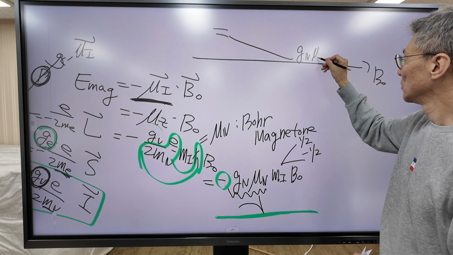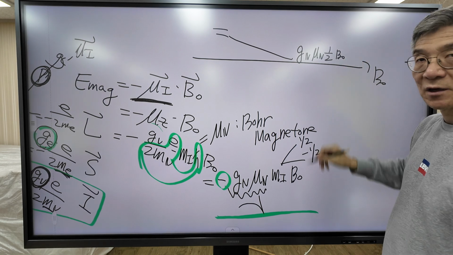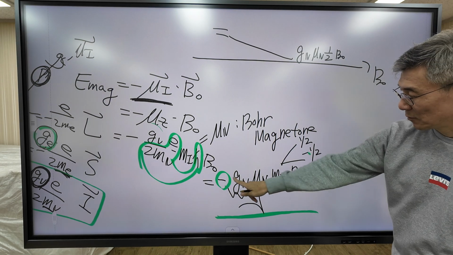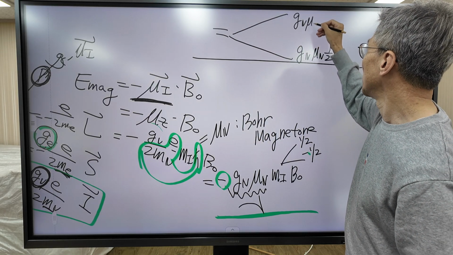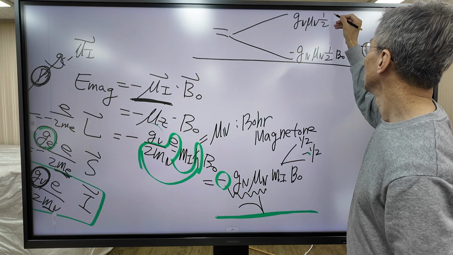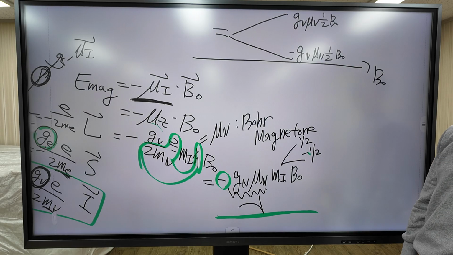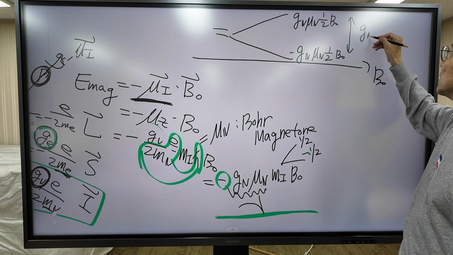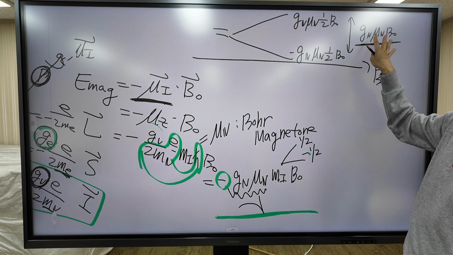Minus gN mu N 1 over 2 B0. Right? For down spin, minus 1 over 2 with the minus sign, so energy increases. The energy is plus gN mu N 1 over 2 B0. This is our equation. Then what is the difference between these two energies? gN mu N B0. This is our main result.